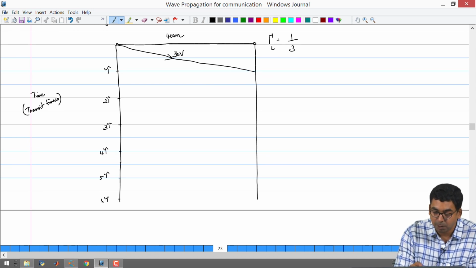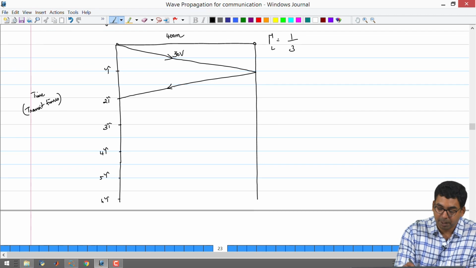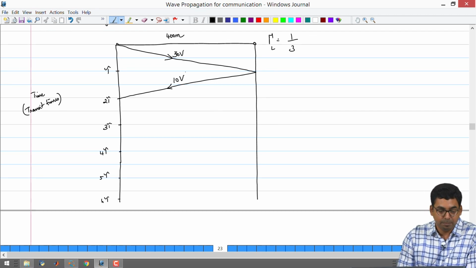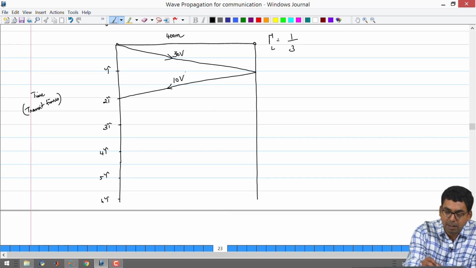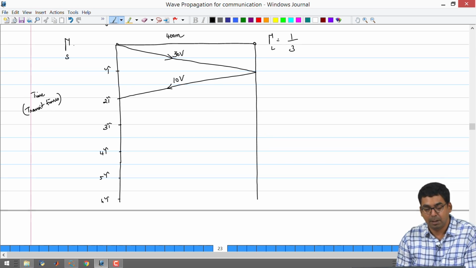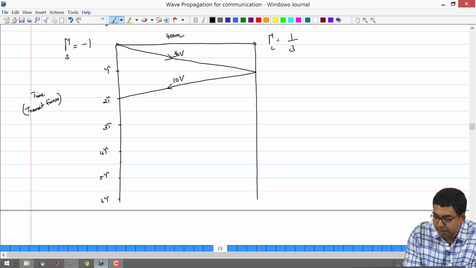So, I can go ahead and connect these two. 1/3 will mean that this will become 10 volts. And once it reaches the source end, there is going to be a reflection coefficient again. So, I will write gamma S is equal to minus 1. Right. So, I will be having minus 10 volts going to the other side.